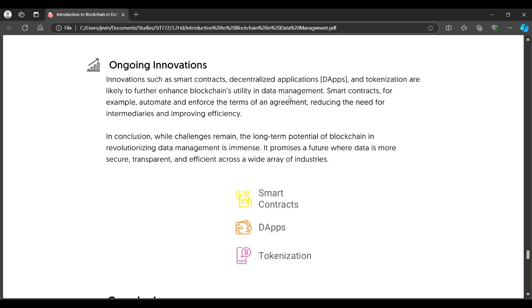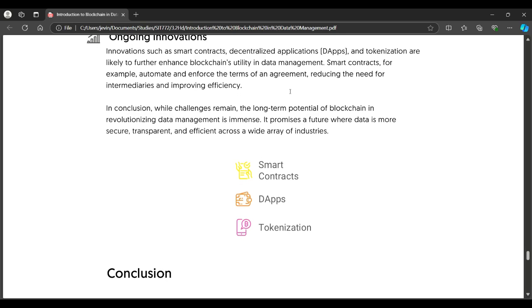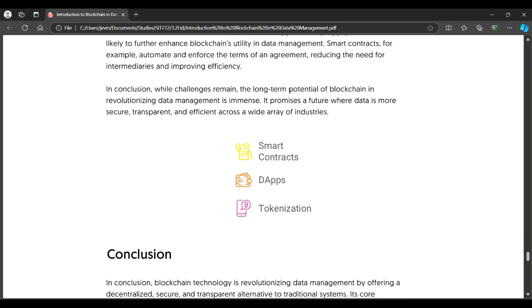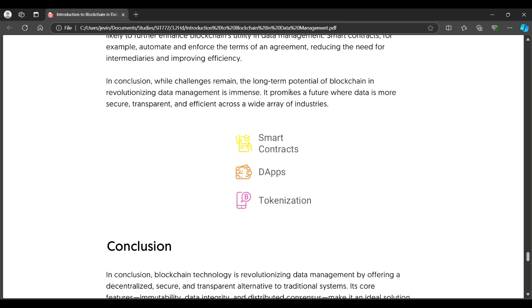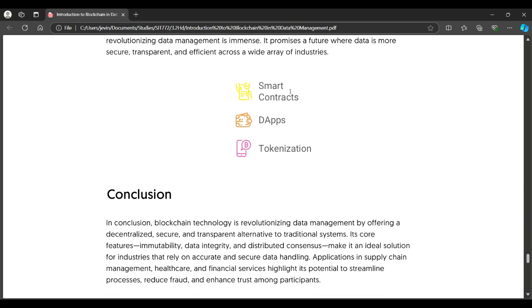Blockchain is being used for database management. In conclusion, the challenges are more with blockchain, but if they find a solution, it will be a future growth for database management with blockchain technology.